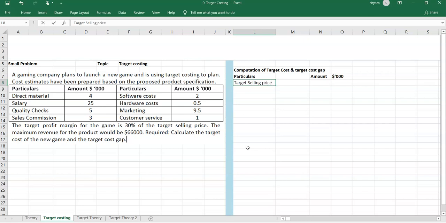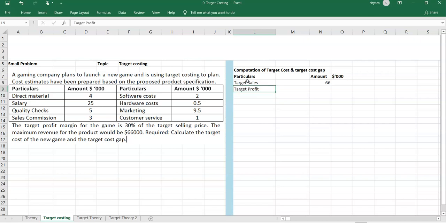Here, units are not given, so we'll take the wholesale amount itself as the target value. We can't get the target selling price, we'll get the target sales. It's represented as 66.